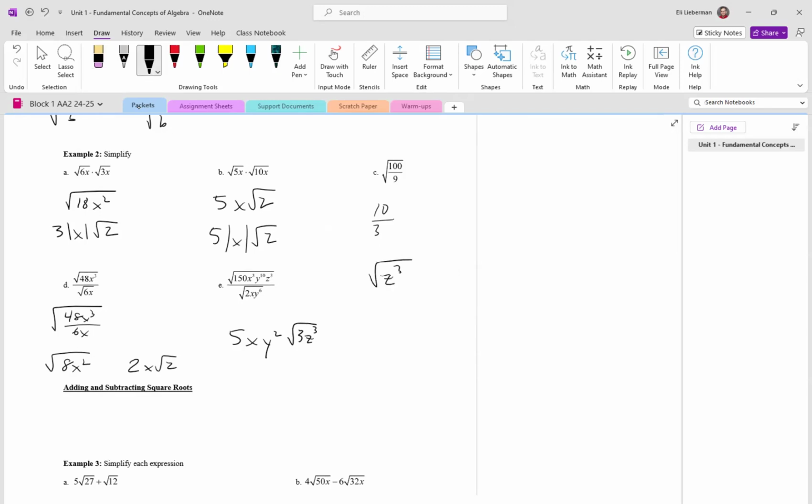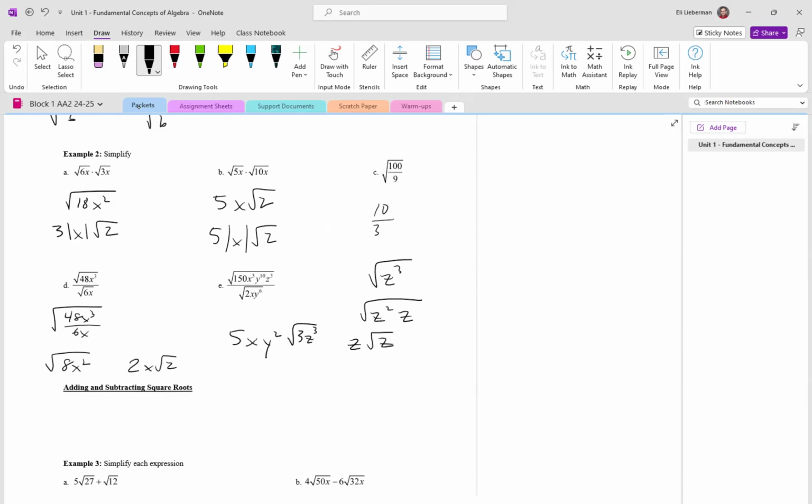Z, and then root z, because it's z squared times z. Nicely said. Z cubed is z squared times z, and when you're simplifying square roots, we're looking for perfect squares. So that just becomes z root z.